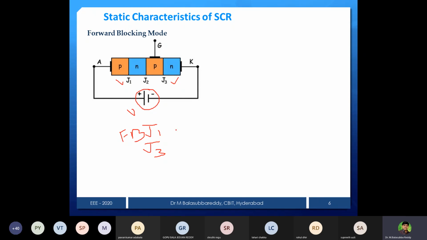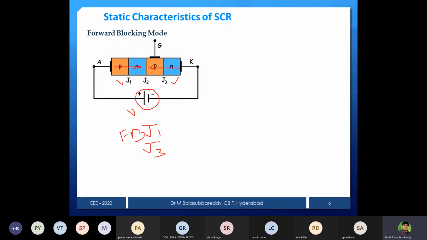But now, what is the status of the device? Whether I can call this device in the on state? No, because to turn on the device, this junction must also break down. Otherwise, what will happen? It will stop here. There is what we call a depletion layer present in junction J2.